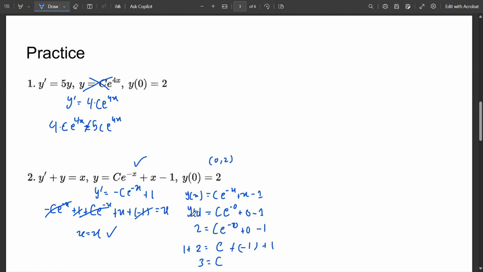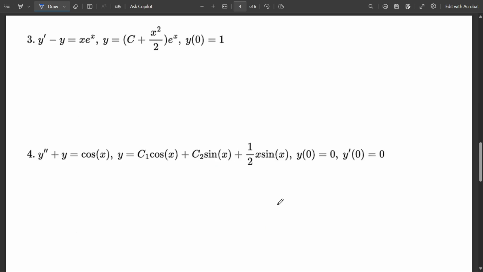Okay, we have c equals 3. So the particular solution, y particular, is 3 e to the negative x plus x minus 1. So this is the solution at this initial value. Okay.